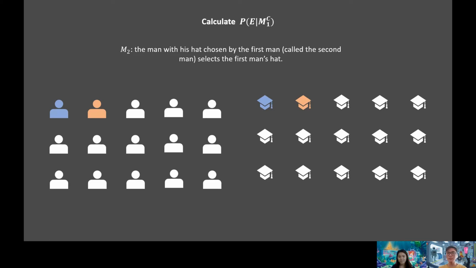We denote this event by M2. So you can see from the illustration that the blue man selects the orange man's hat, and there are two cases. The first case is the orange man selects the blue man's hat, and the other case is he does not.